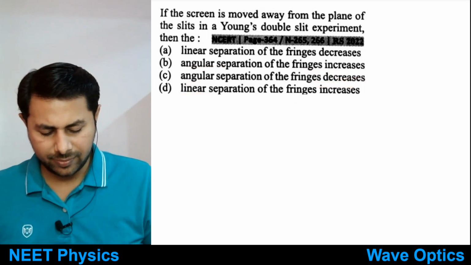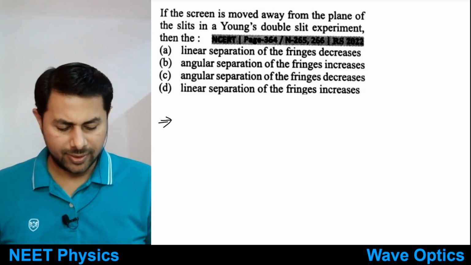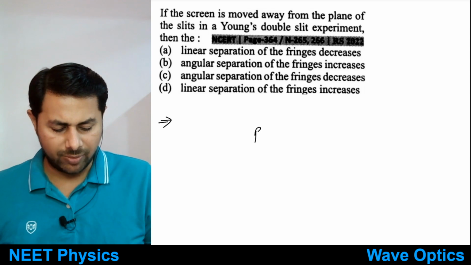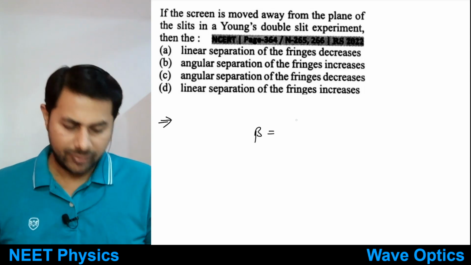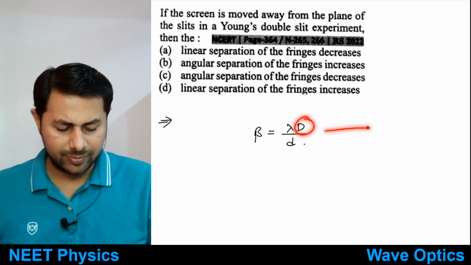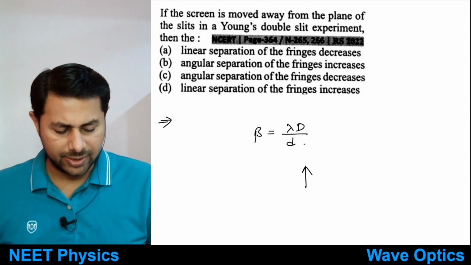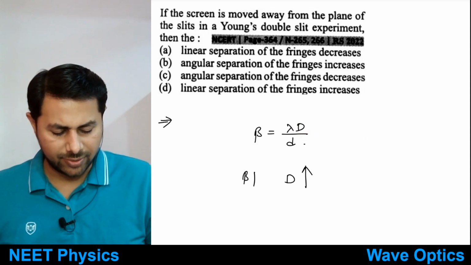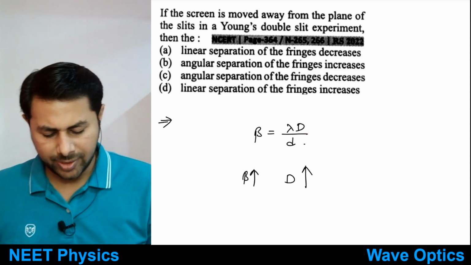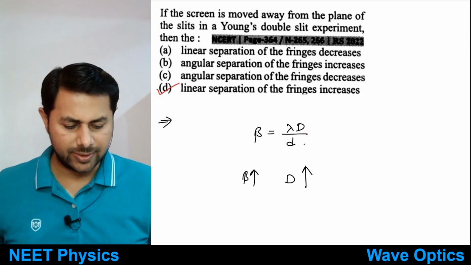Tell me. Option D? Yeah, correct. What is the value of beta? Very good, lambda capital D by small d. If the screen is moved away, then beta will increase. If D is increased, beta will also increase. So option D is correct. The linear separation of fringes will increase.